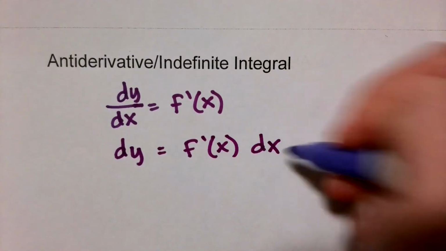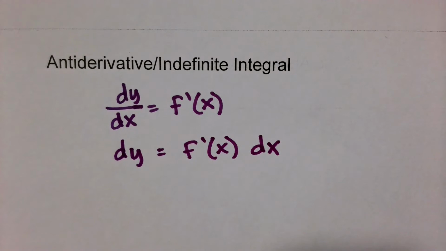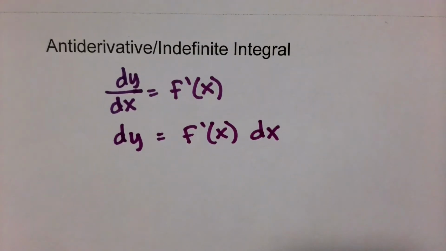And some of these things will feel a little bit weird today, especially notation, but remember that was the same for derivatives in the beginning, where we saw dy dx, y prime, f prime, and there was a lot of notation there. This doesn't have as much variation in notation, but just getting used to it.